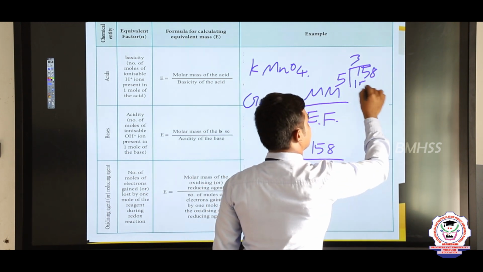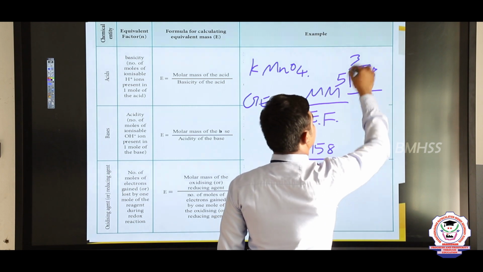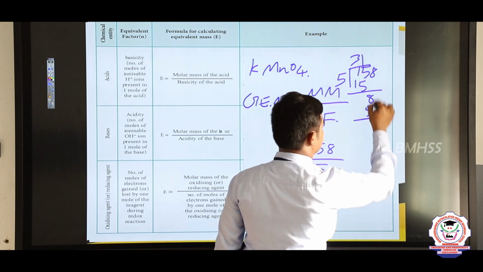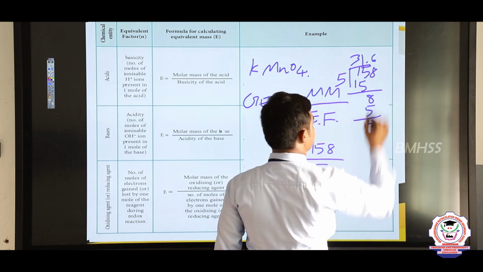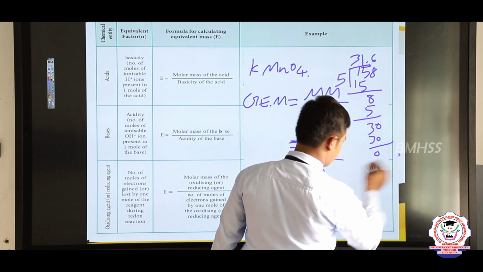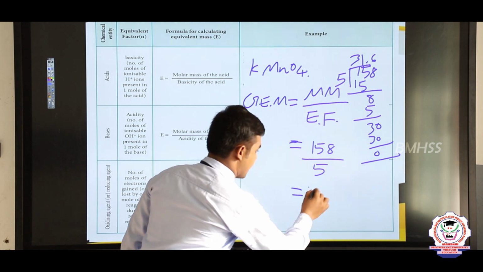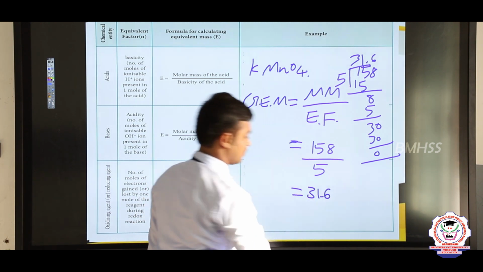Three fives are 15, and 8, one five is 5, remaining 3, put a point and a 0, and six fives are 30. So the answer is 31.6.